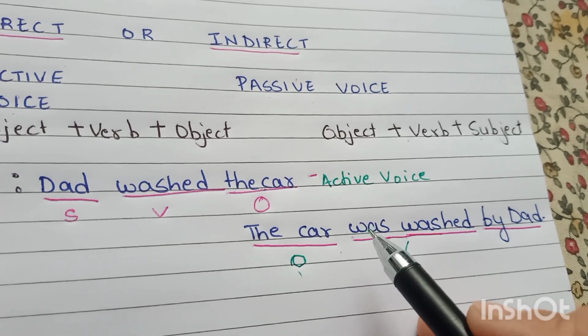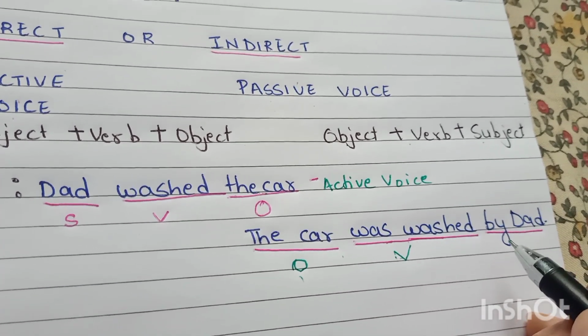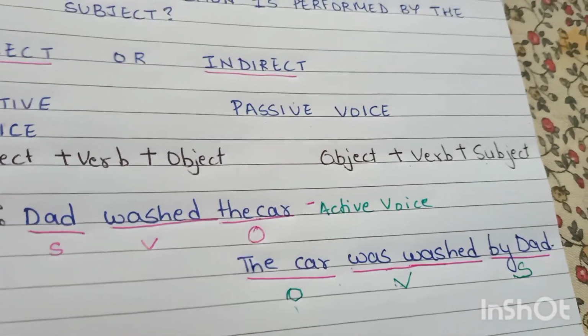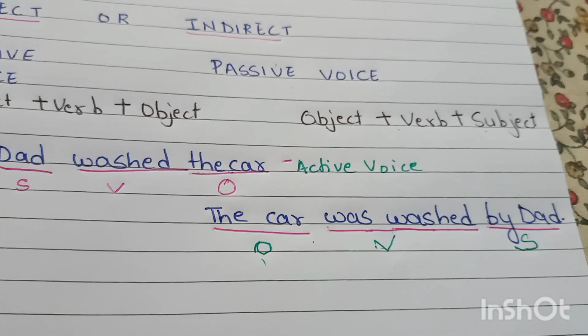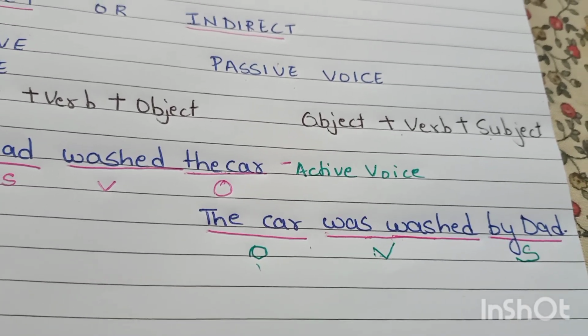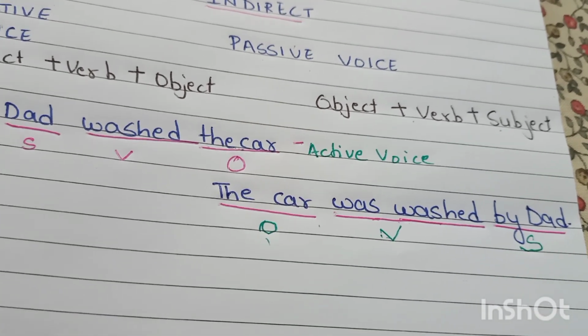So was is a helping verb. So was washed, and then our subject dad comes there. But the word by tells us that the action is being indirectly performed by the subject, which is dad.